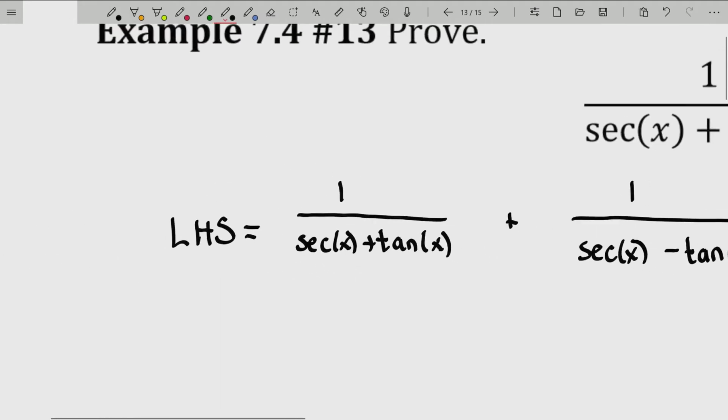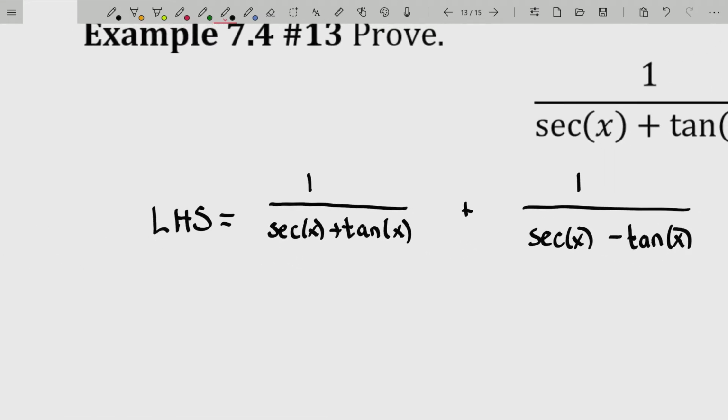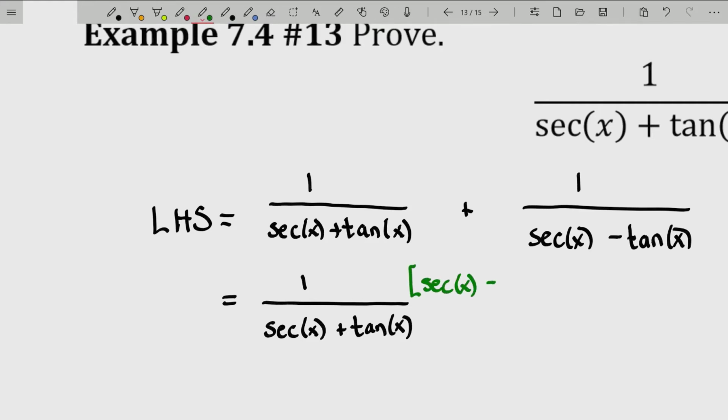So that's what I'm going to do here. You're kind of forced to do it here because that's the common denominator. But my advice in general is, if you have a single fraction on one side, you can try multiplying both numerator and denominator by the conjugate of that denominator. It's a really good tactic. It often works.